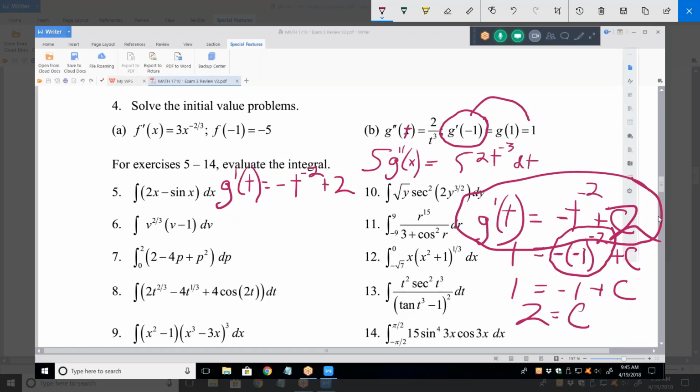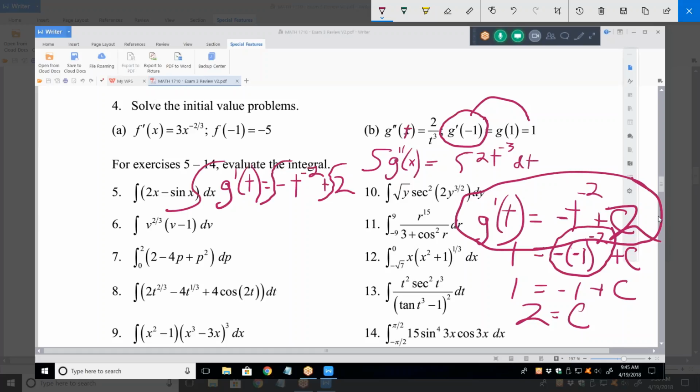Now we're still looking for g of t. So what am I going to do? You're going to take the integral of it. I'm going to take the integral of that, and then when I take the integral of the right side, I'm going to split it up and do it like this.